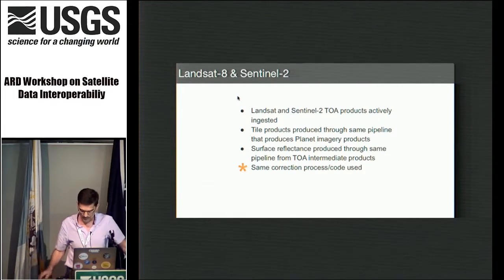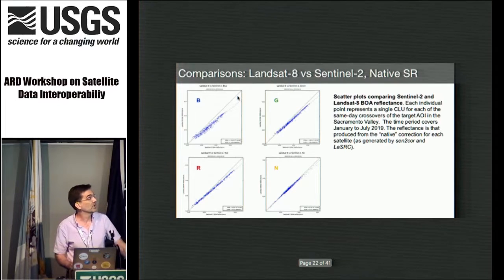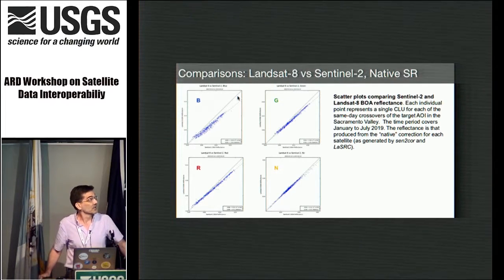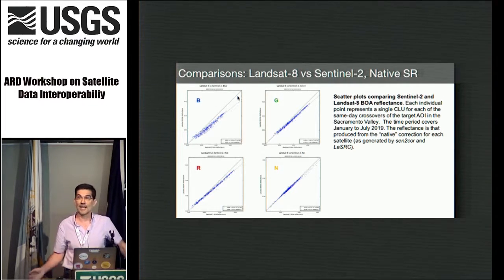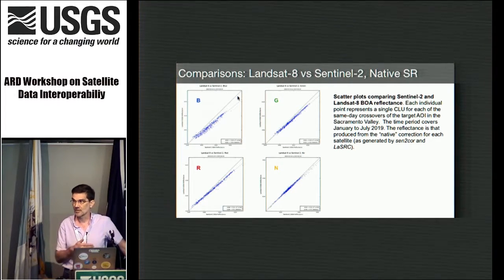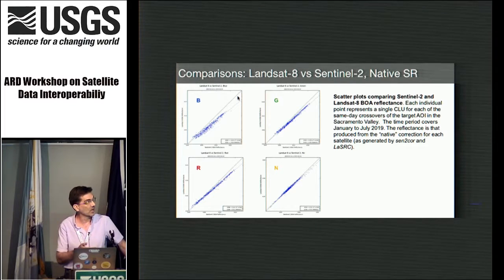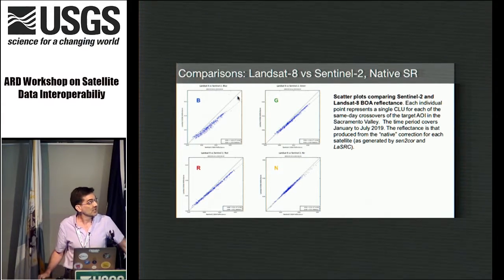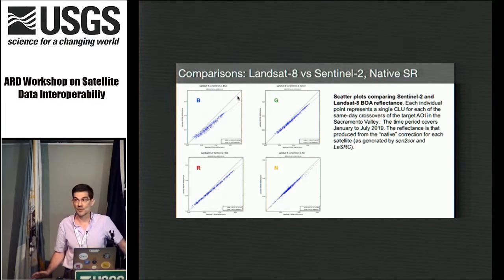It's all the same code. So what do we do with it? First, I show the data that we actually have used in this comparison. It's the data for that AOI for that time period.